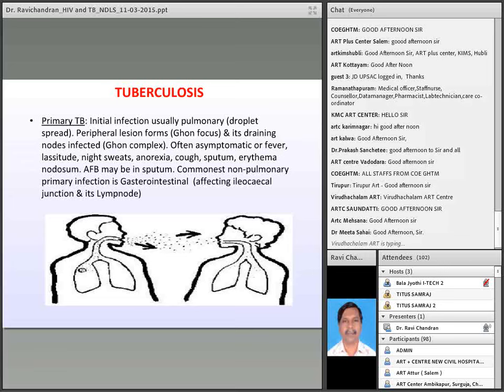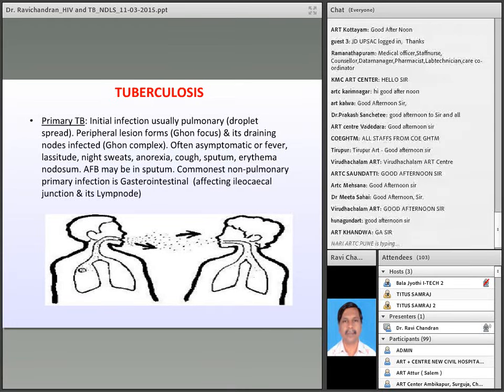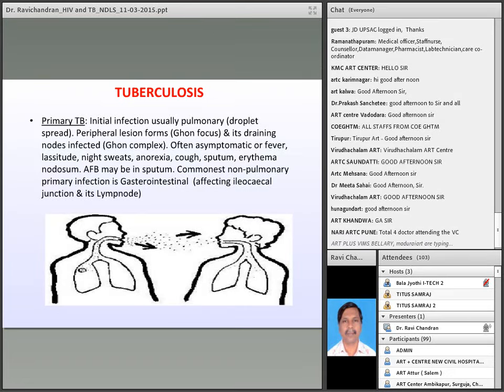The organisms are taken up by the macrophages, but the macrophages are unfortunately unable to kill them. These bacilli multiply inside the macrophages, and a small granulomatous inflammation is set up at the primary site of infection, and this is called a primary focus or a Ghon focus.